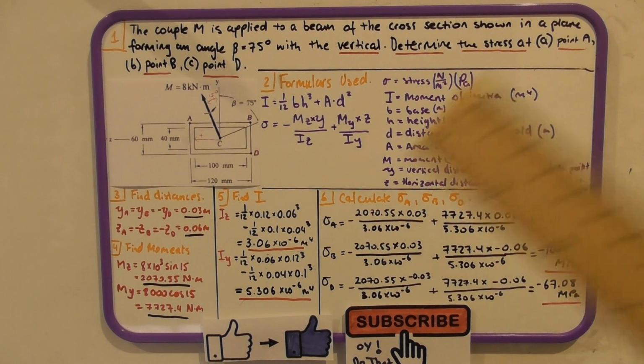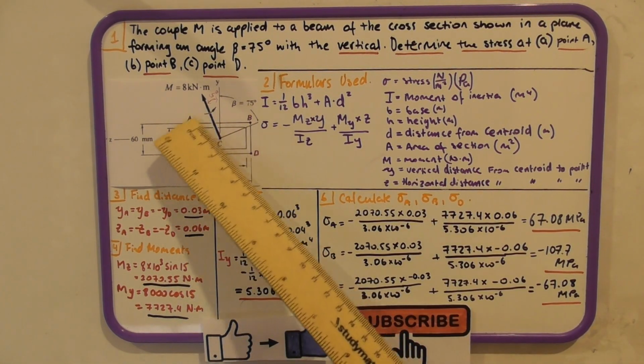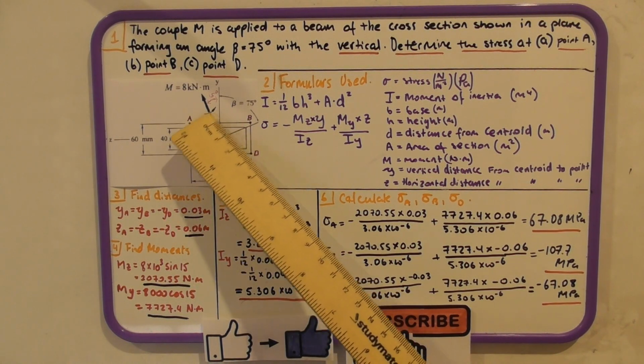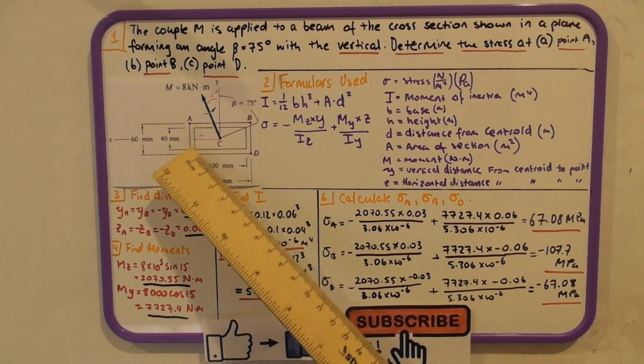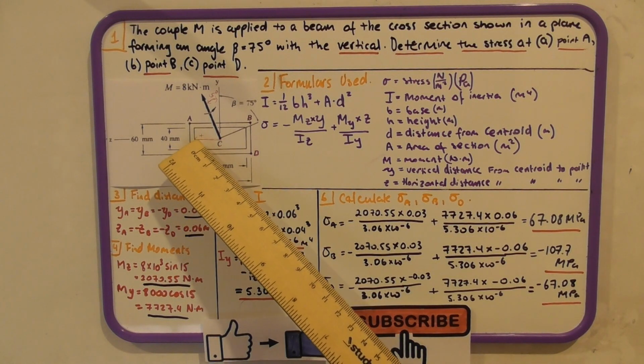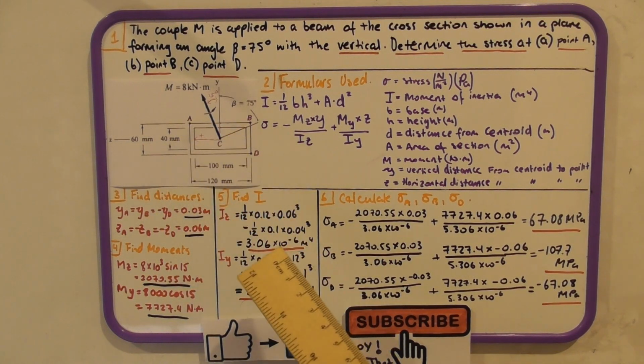Now to find the moment of inertia is a slightly tricky one because it's a hollow section. It has an outside distance and an inside distance.